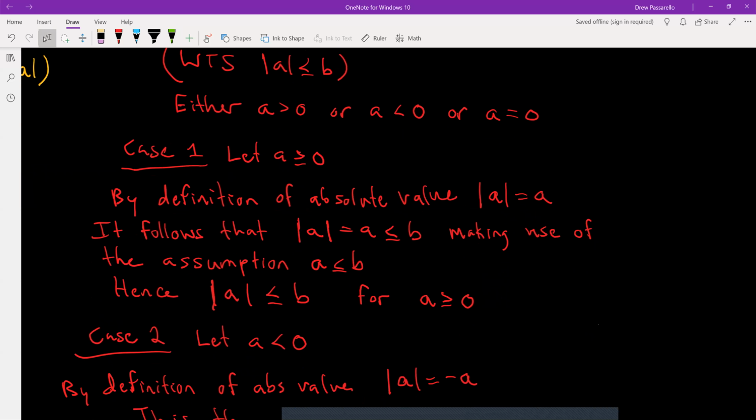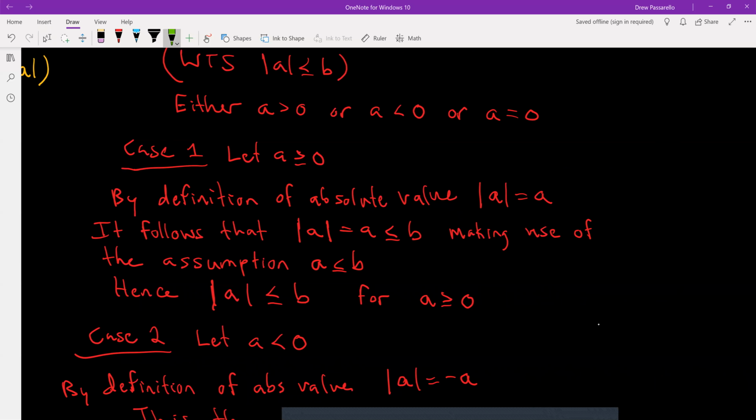All right, so for case 1, by the definition of absolute value, since a is greater than or equal to 0, then the absolute value of a is equal to a. So it follows that the absolute value of a, which is equal to a, is less than or equal to b. And that's making use of the assumption that a is less than or equal to b.